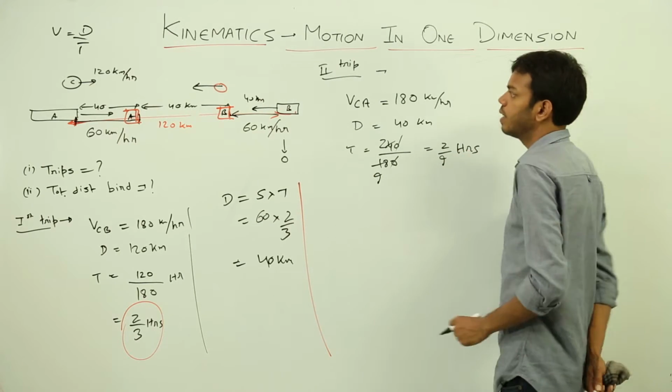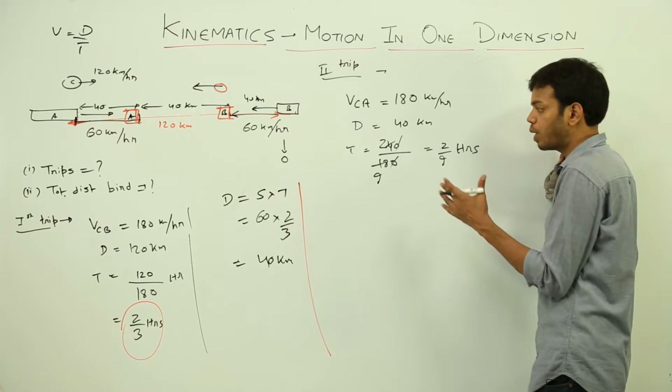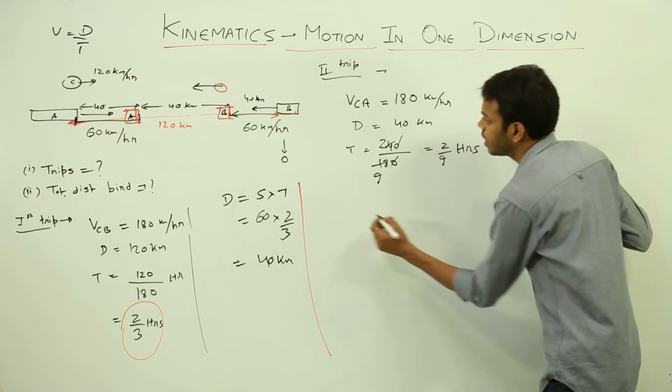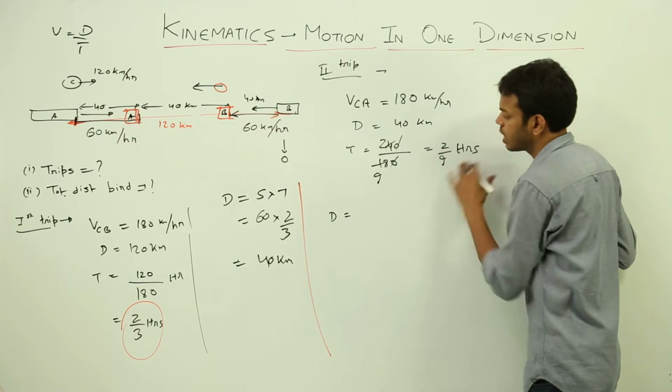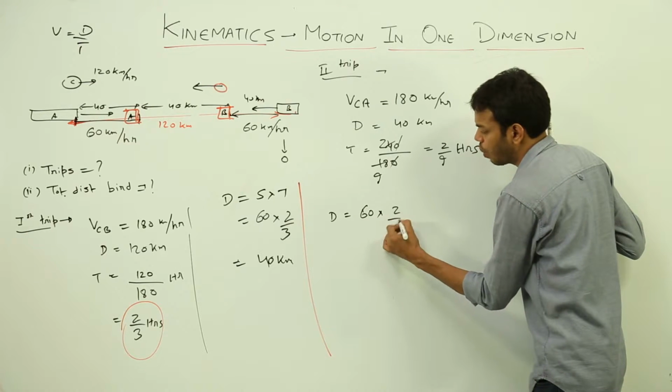This is clear? So the second trip is also possible, and number two, we can also find out the distance the trains covered in this time. So the distance covered by both the trains during this much time was 60, speed of train, into the time, 2 upon 9.